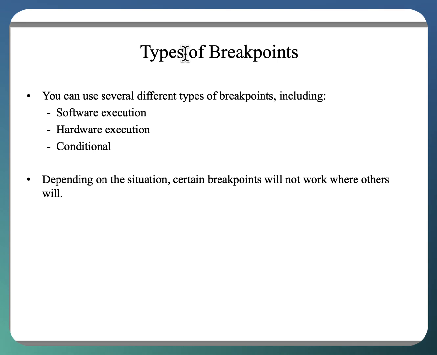There are also different types of breakpoints. You can use several different types, including software execution, hardware execution, and conditional breakpoints. Depending on the situation, certain breakpoints will not work where others will. Okay, the main difference between software breakpoints, hardware breakpoints and conditional breakpoints: a software breakpoint is a breakpoint that you establish in your software code.